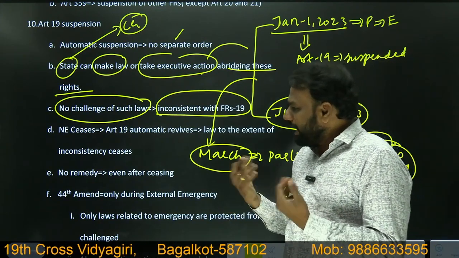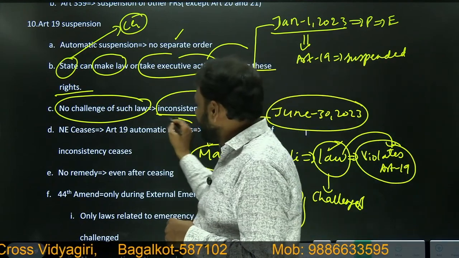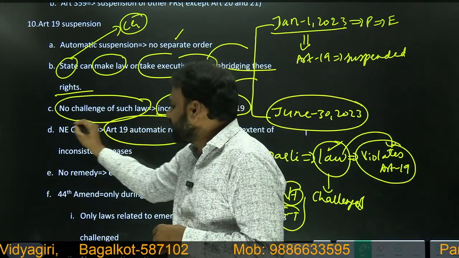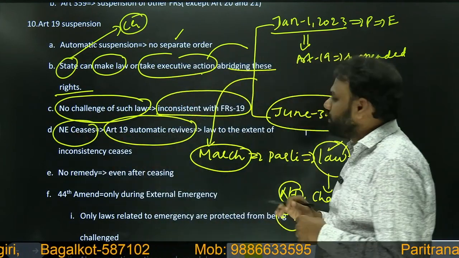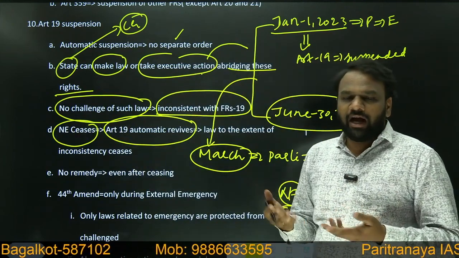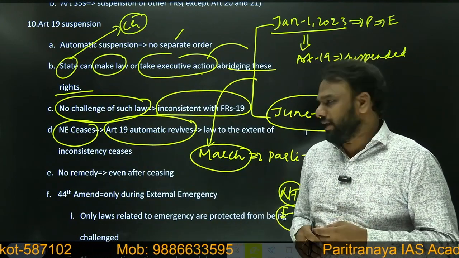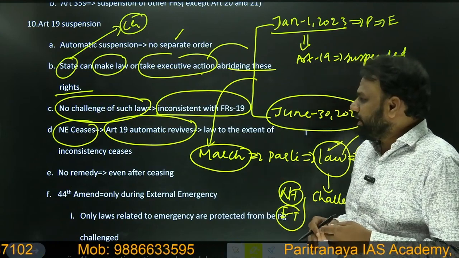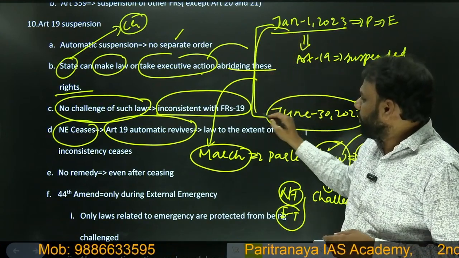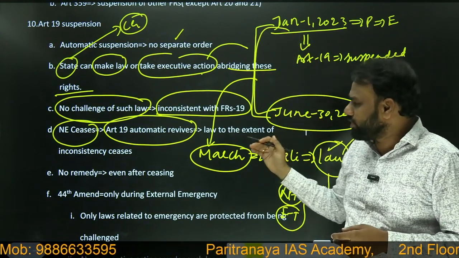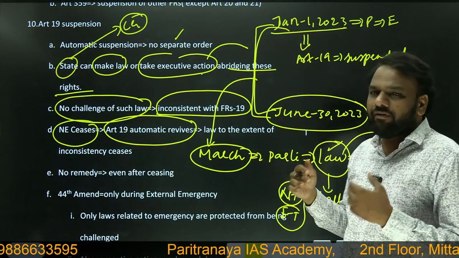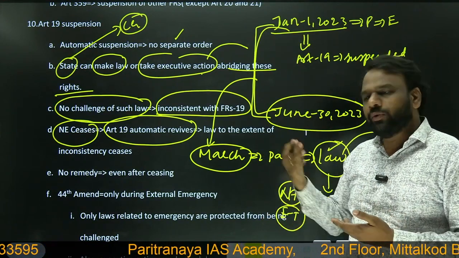So when does Article 19 automatically revive? When national emergency ceases, that is on June 30, 2023, Article 19 will automatically get back its life. It means in this period we could not go to court, but after June 30, 2023, whenever your Article 19 is violated, you can go to court.